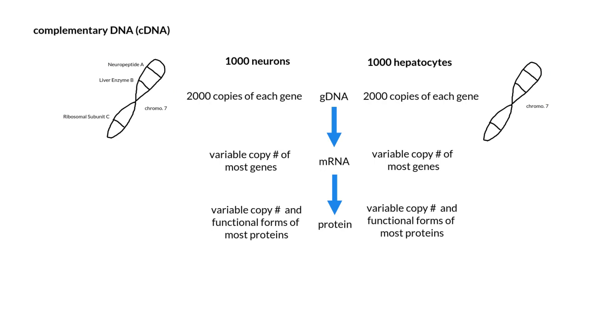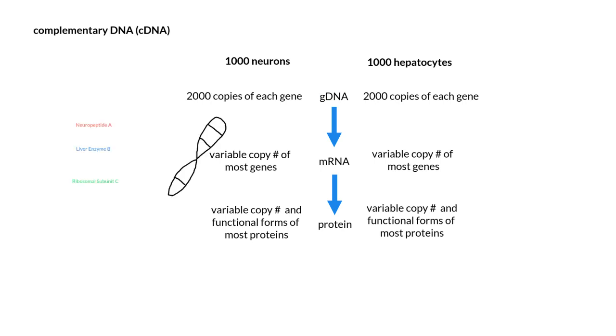Okay, and if human chromosome 7 happens to have 3 particular genes on it, neuropeptide A, liver enzyme B, and ribosomal subunit C, so 3 generic genes that I'm making up, there will be 2,000 copies of each of those 3 genes in 1,000 neurons, and there will be 2,000 copies of each of those 3 genes in 1,000 liver cells. And the reason there's 2,000 is because these are diploid cells we're talking about, and each one has 2 chromosome 7s in it. Okay, so there should be no variation between the gene copy number for genomic DNA specifically.